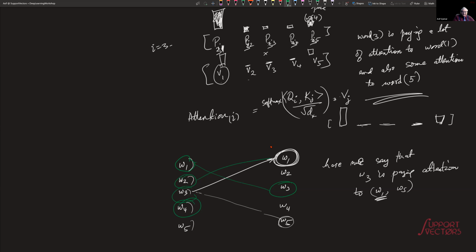W4 is paying attention to, what should we make it pay attention to? W2 seems lonely, let's give it there. W5 is paying attention to somebody, let's say W4, right? And sometimes you can be paying attention to multiple words. So for example, W5 may be paying attention to this and to W2 also, and so forth. Are you getting the idea?